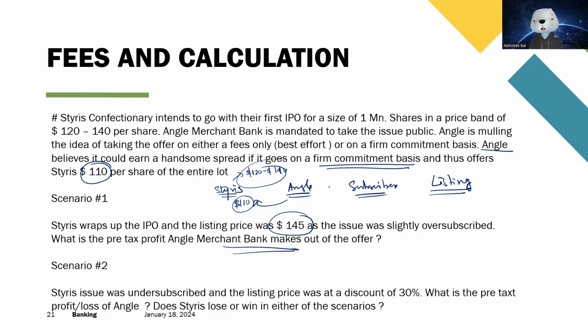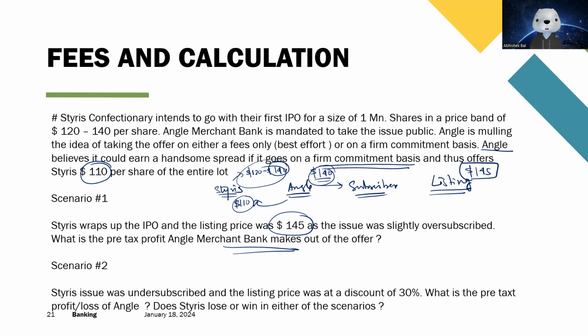Now let's imagine a scenario that Angle does actually price the issue at 140 itself. Remember, it's not mentioned exclusively at what price Angle has floated the IPO. But just to be the devil's advocate, if we assume that Angle priced this IPO at 140 and the issue is at 145 on the listing date, that means it is slightly over the higher price bracket of the IPO itself.